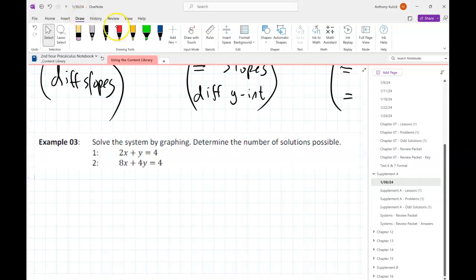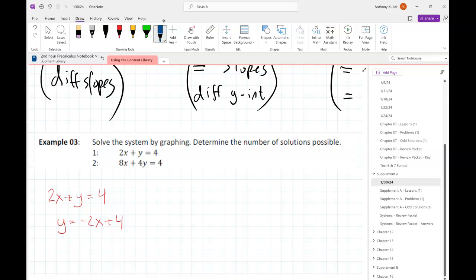So it says solve by graphing and determine the number of solutions possible. So again, I'm just going to do this the same way that we had done before. So I'm going to take equation 1, write the equation for the line in slope-intercept form.